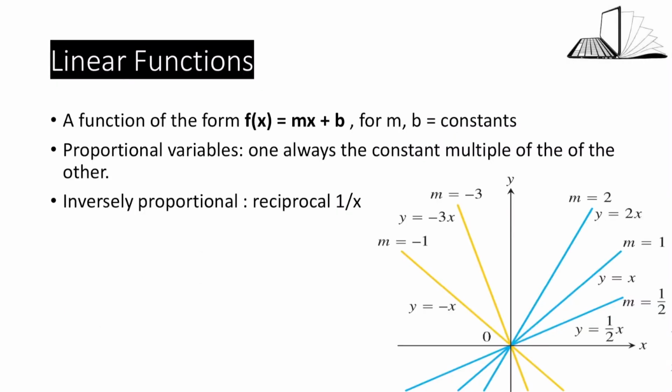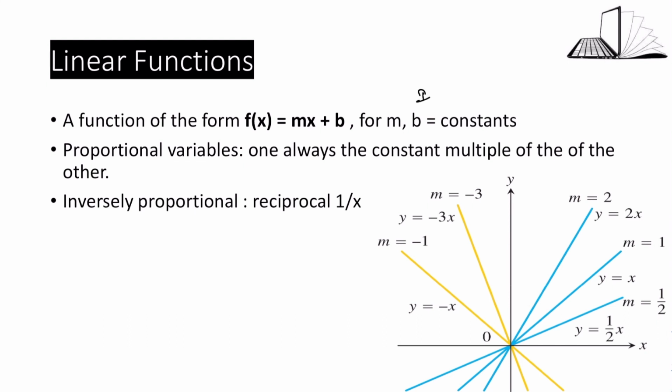Now we'll discuss special functions, which are common functions. We will start with the linear functions. The linear functions are the functions that take the form of mx plus b, where m and b are constants. In some cases, b can be equal to 0.